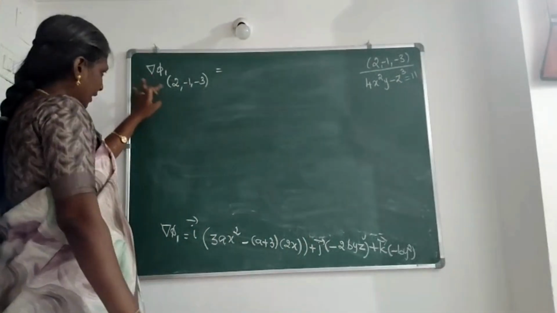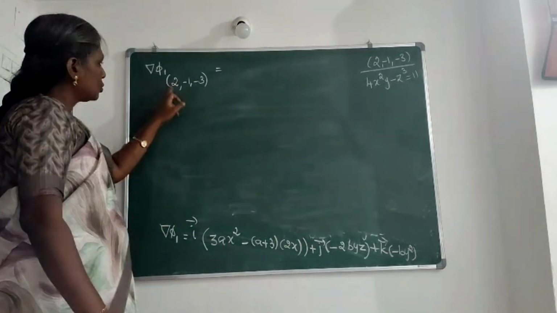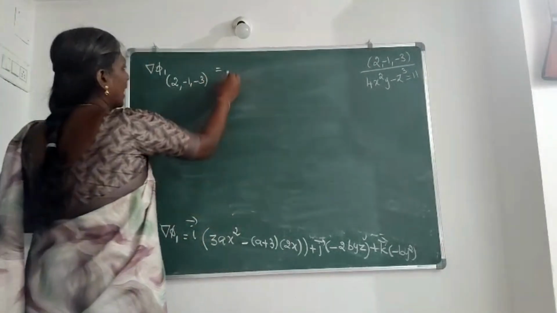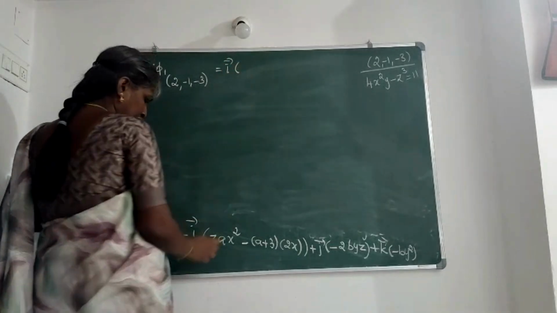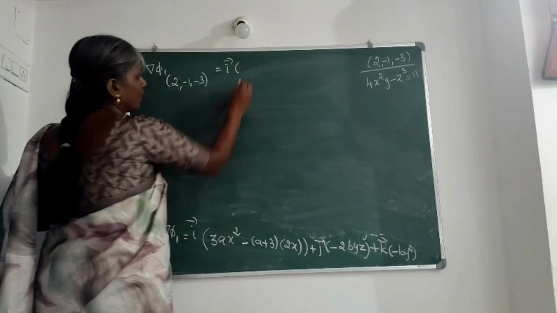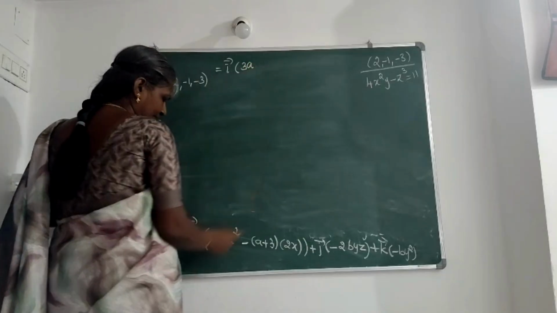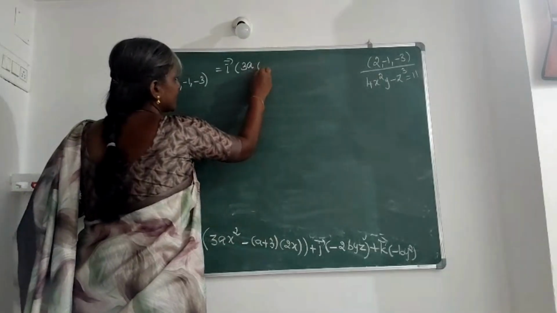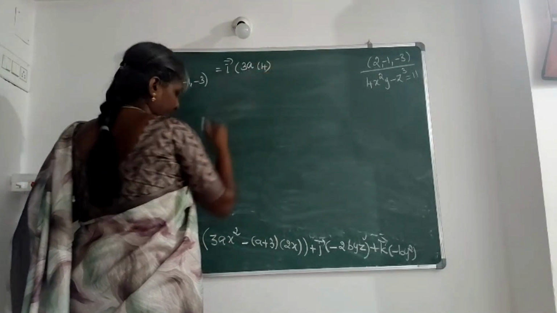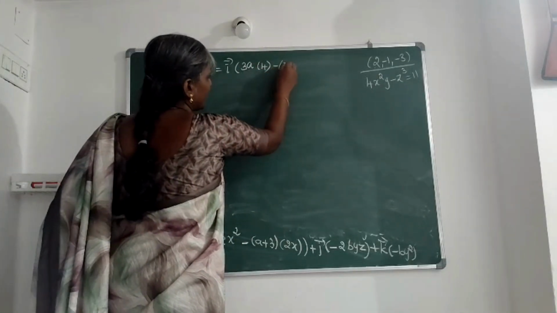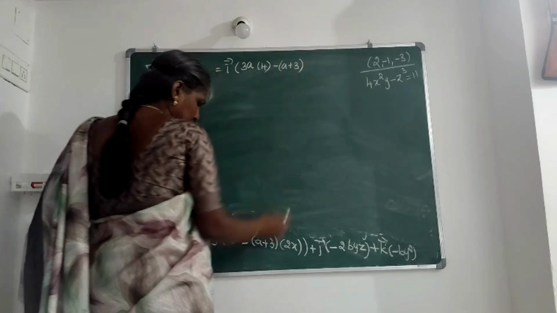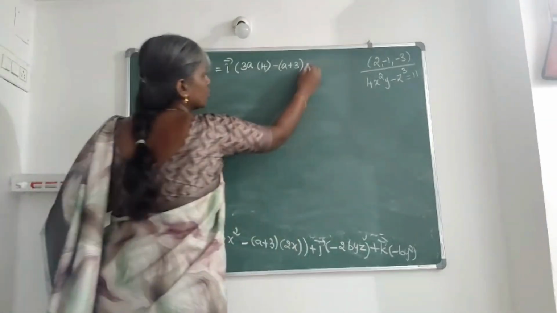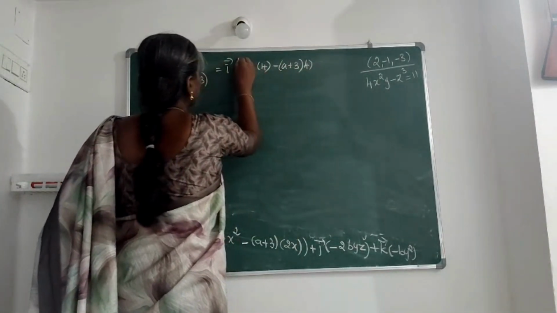So del φ1 at the specific point (2, −1, −3) is equivalent to i vector of 3ax². So 3a, the x value is nothing but 2, so 2 squared, that is nothing but 4. Minus (a+3) into 2x, again the value of x is 2, so 2 twos are 4.